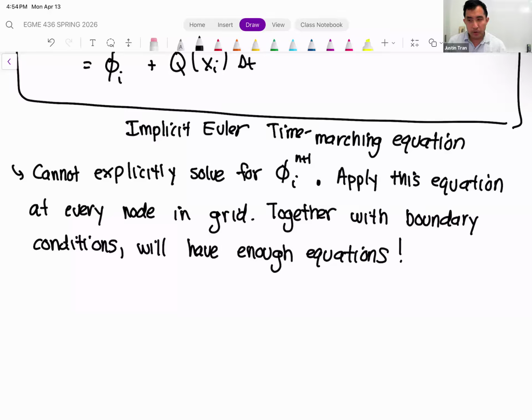Trust me when I say you'll have enough, and you'll see in the example we're going to do after this as well. The only issue is that you're going to have a matrix set of equations on the left-hand side of your expression.